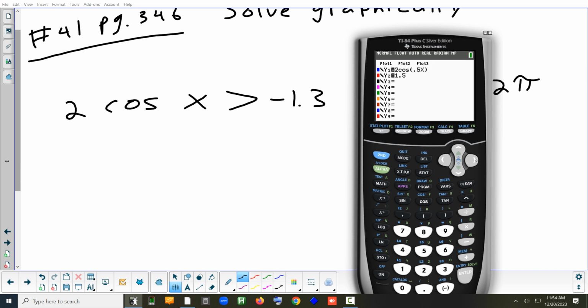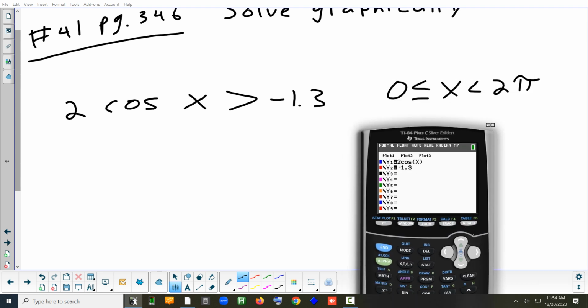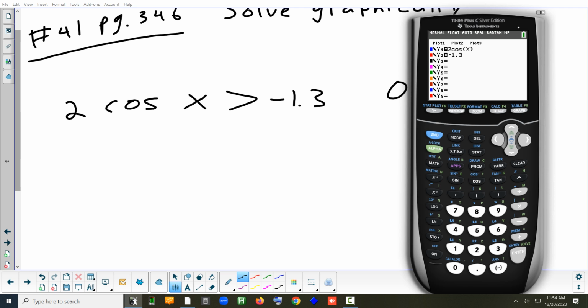So we've got 2 cosine x, negative 1.3, and we're looking for where the cosine function is going to be above the horizontal line at negative 1.3. Right, 0 to 2 pi, that's a pretty standard window, so you'll see that a lot. So we're looking where we are above negative 1.3.